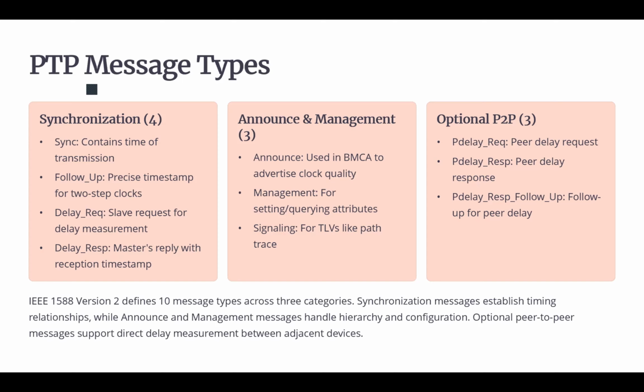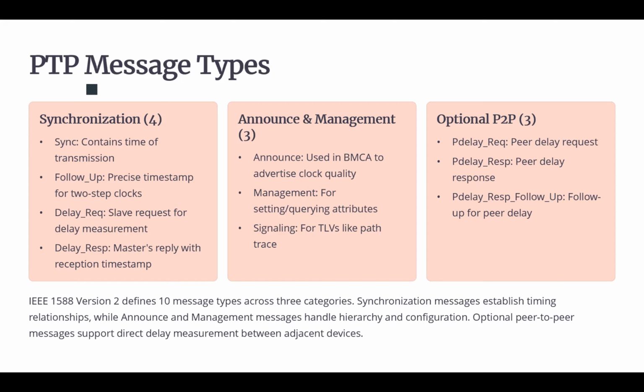Another category that we mentioned is announcement and management messages. In that category, we have three types of messages. One is the announce message, which is used by all the PTP clocks to advertise their quality and their readiness to become the grandmaster. The management messages are used to control and monitor the PTP devices. They don't affect the time synchronization. It's a passive kind of message.